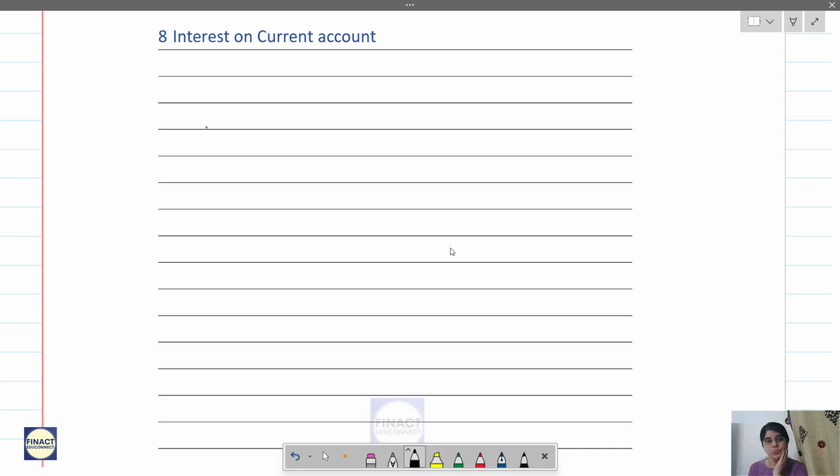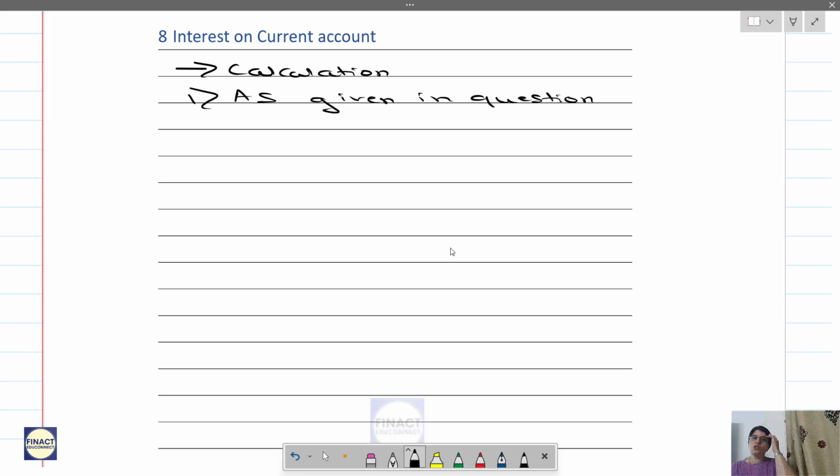Rest all the entries will be shifted to your current account whenever you are maintaining a fixed capital method. How to calculate interest on the current account is as given in the question. Usually you won't have very complicated questions in this.